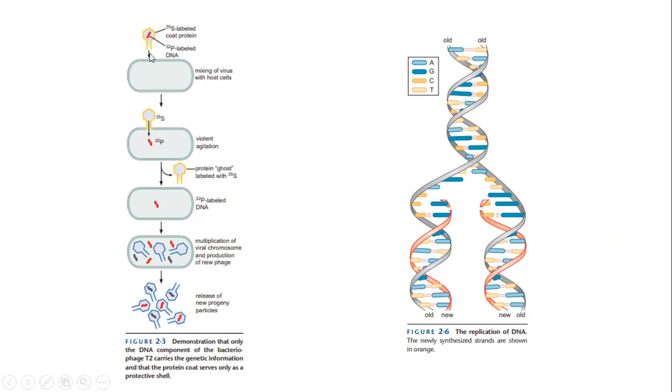First of all, the outer coat or protein coat of the T2 bacteriophage was labeled using the radioactive isotope of sulfur, S35, and the inner nucleic acid was labeled using the radioactive isotope of phosphorus, P32.